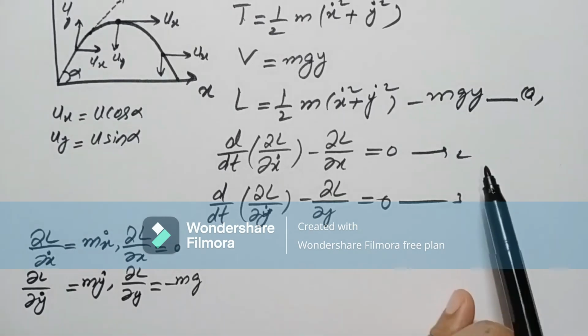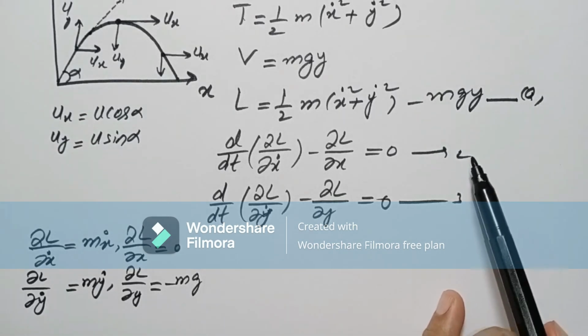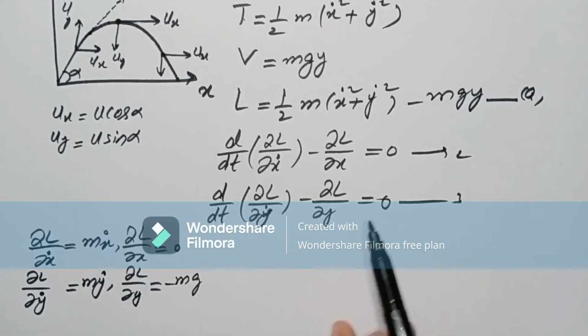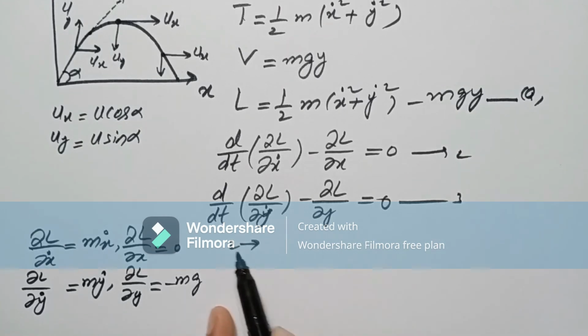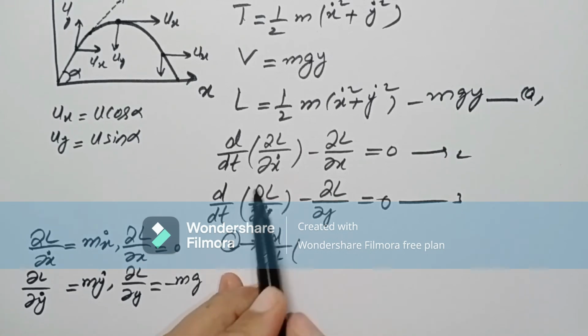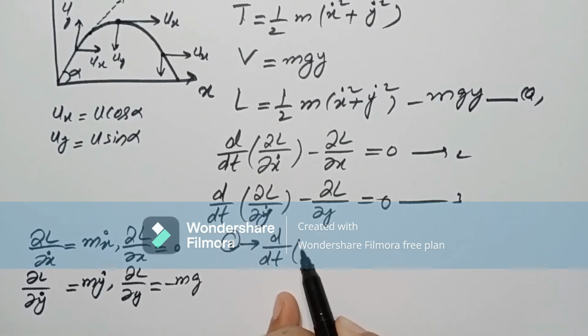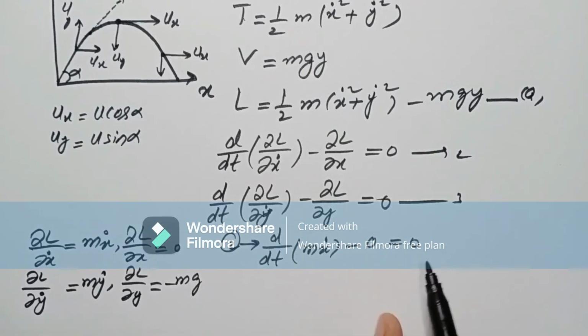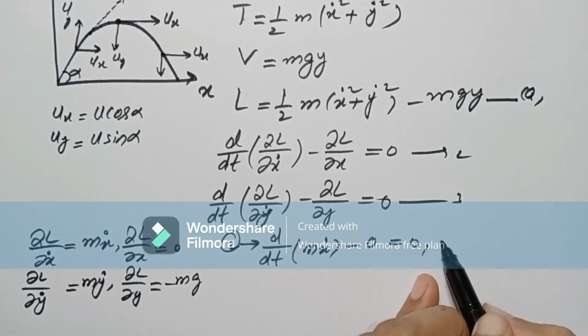Now substituting values in equation 2 for the x components and in equation 3 for the y components. Solving equation 2 first, d by dt of partial L over partial x dot is m x dot minus 0. Taking its time derivative, the equation will be m x double dot equals 0.